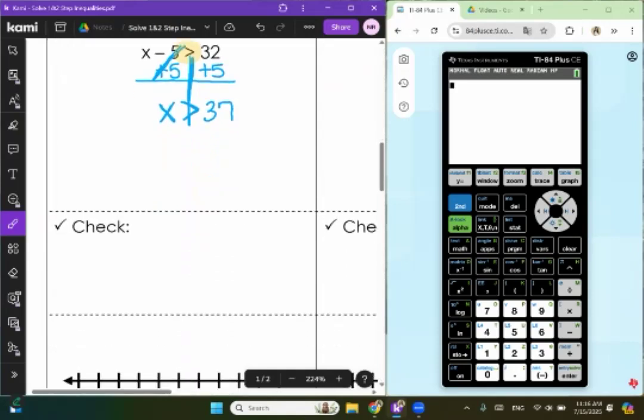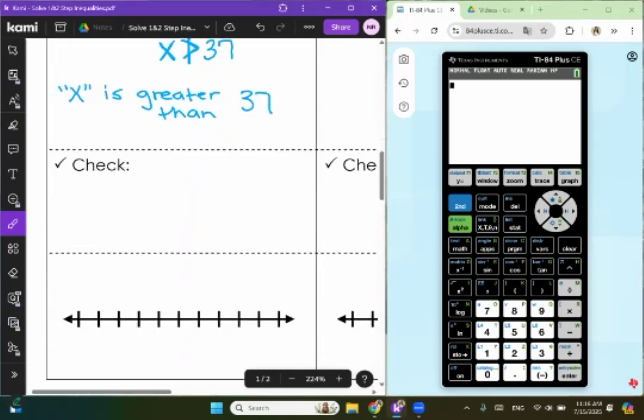Now, how would you check your answer? Think about it. If your answer is x is greater than 37, pick a number that's greater than 37. Last year, my students picked 45. So let's check it. Our original inequality is x minus 5 is greater than 37.